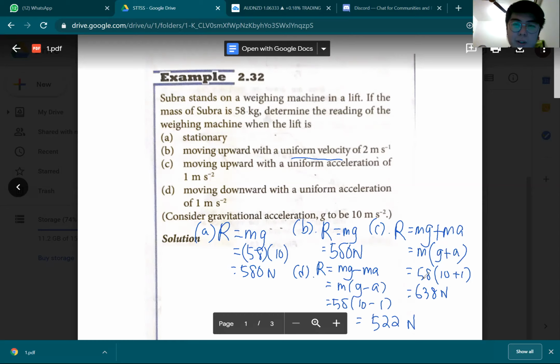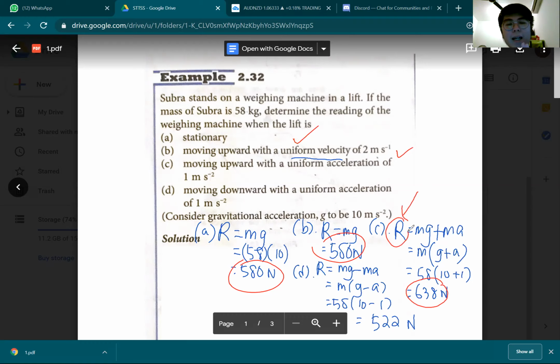Now, what do you notice about this one? When the lift is stationary or moving with constant speed, the reading on the weighing machine is 550, right? This one, A and B, 550. When the lift is moving upward with an acceleration of 1, the reading increased. It has increased, meaning that this reaction force is the sensation that you feel.